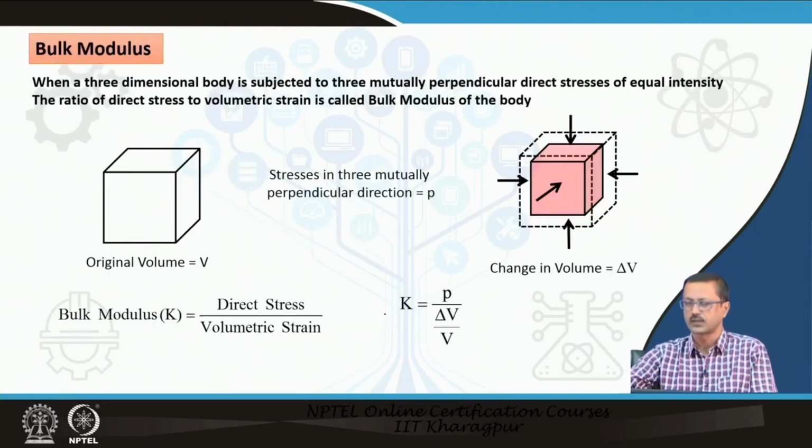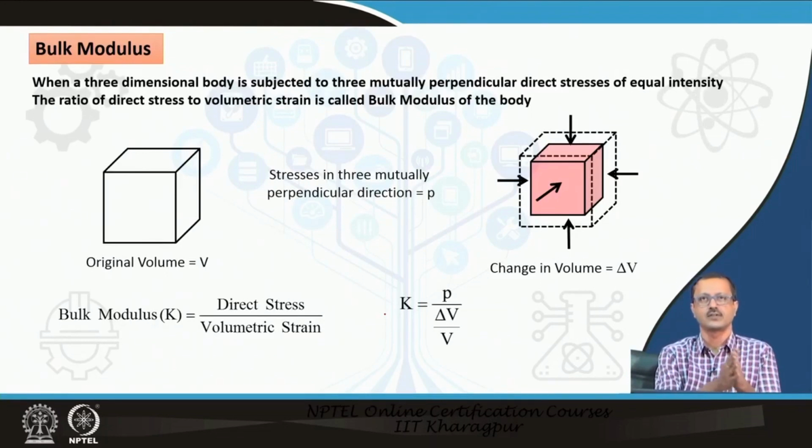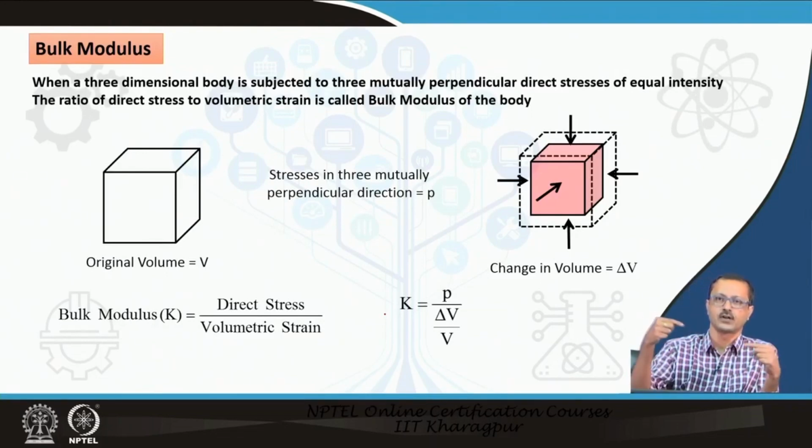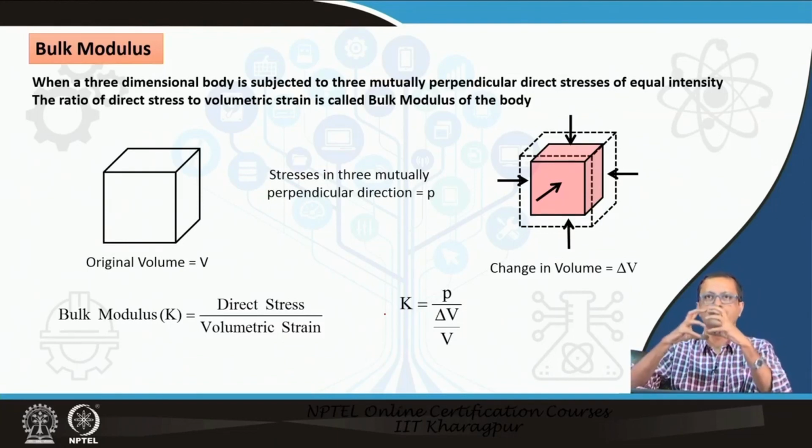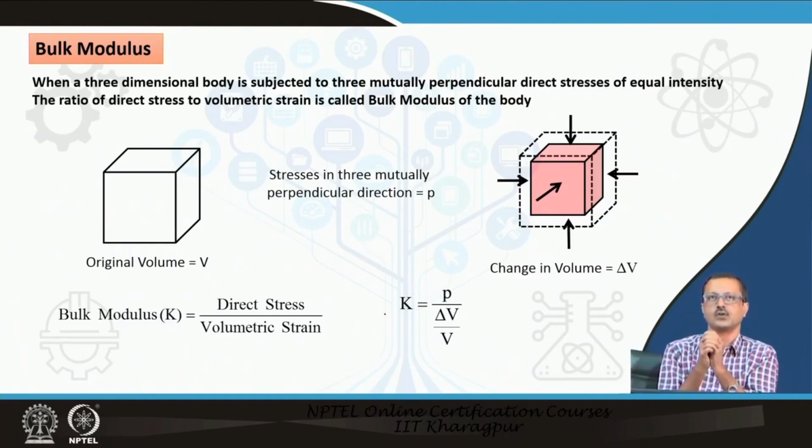Another modulus, this is the third modulus after the Young modulus of elasticity, which is applicable for a linear stress or strain. Then the rigidity modulus is applicable for the shear strain, and the bulk modulus is volumetric. Something like a balloon, and you press it with some load or stress, and the total volume of the balloon is decreasing, or you may increase the stress internally.